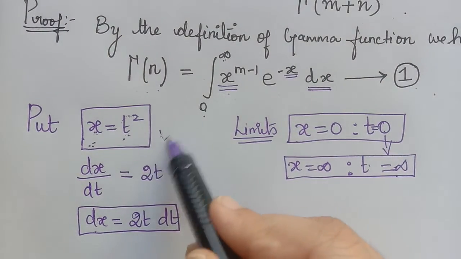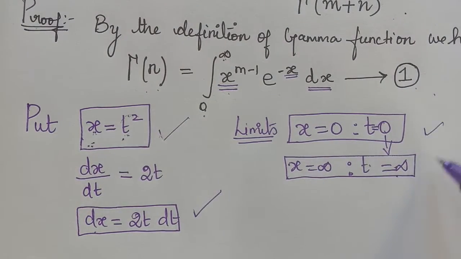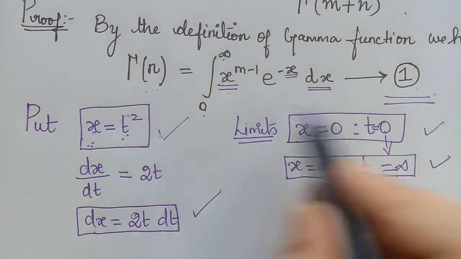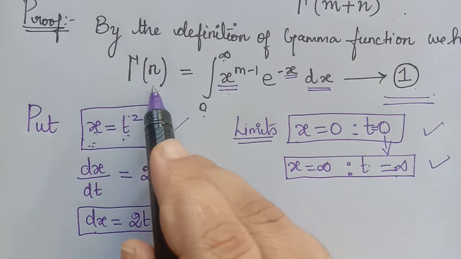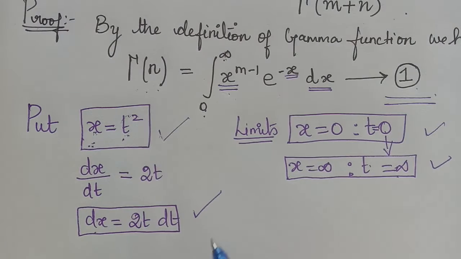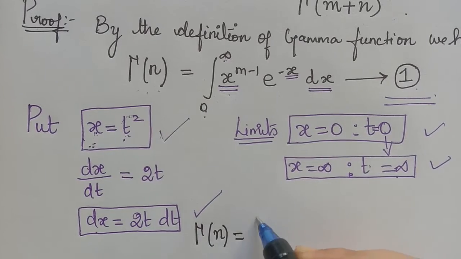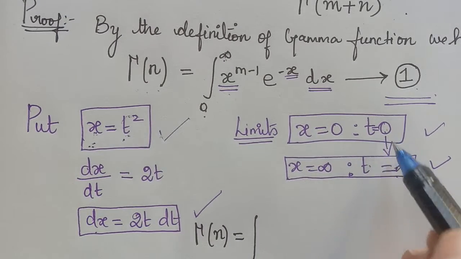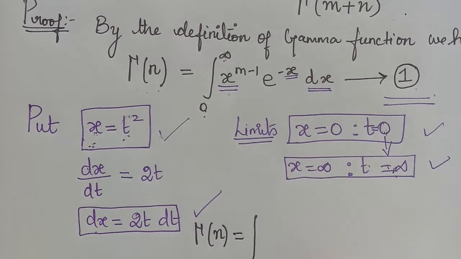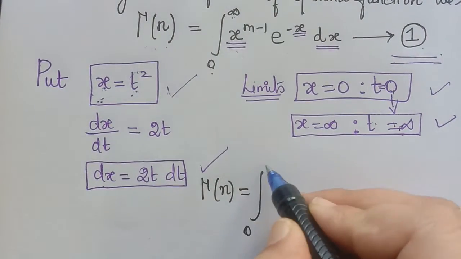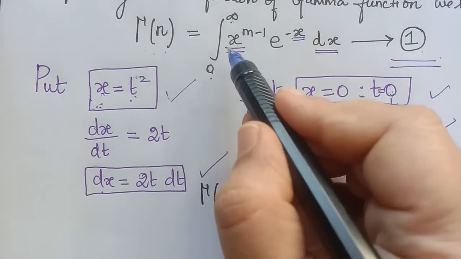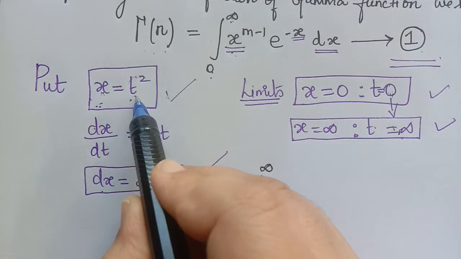Now we will make all these substitutions in equation 1. And so gamma of n will turn out to be gamma of n is equal to integral, the limits are from 0 to infinity. At the place of x, we should rewrite it as t.